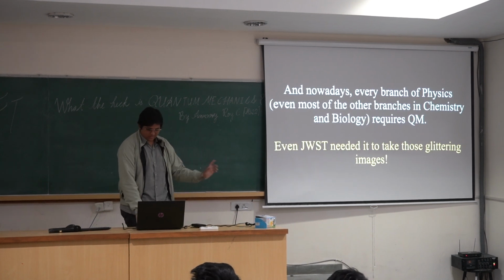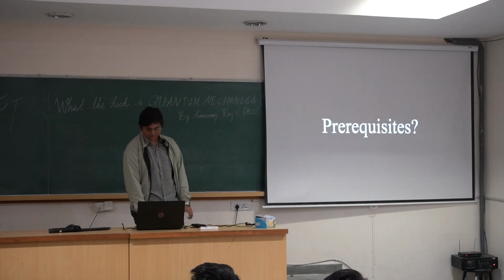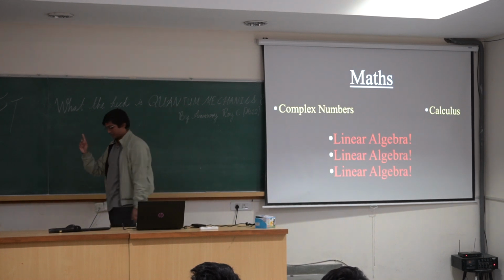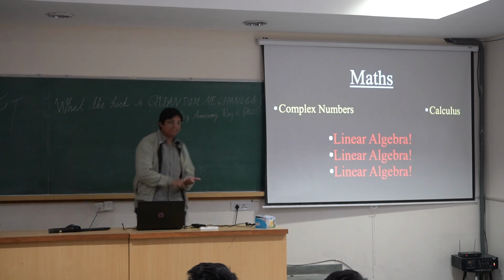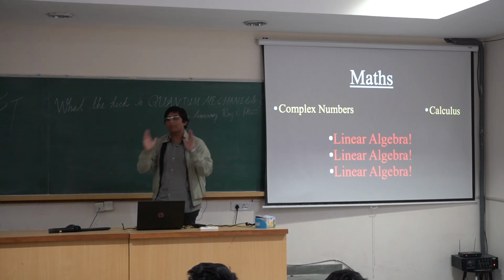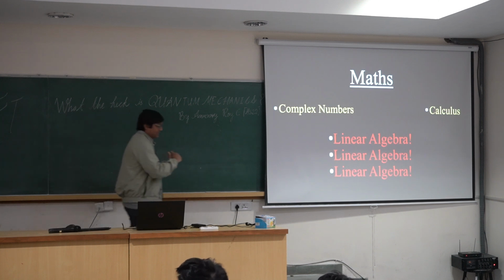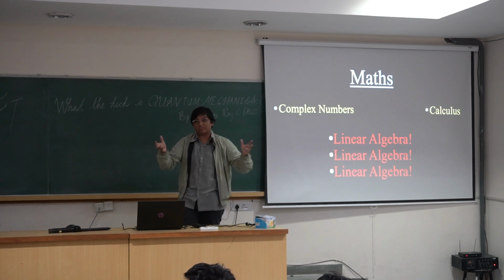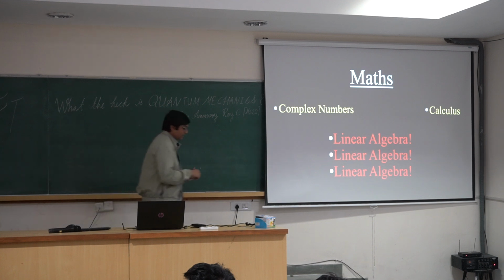Okay? Let's just quickly glance through the prerequisites to study quantum mechanics. In maths, you need to know complex numbers, calculus, and linear algebra. Linear algebra is the most important thing that you need to understand, not only understand, but assimilate, to understand all the concepts and their visual interpretations. Why?